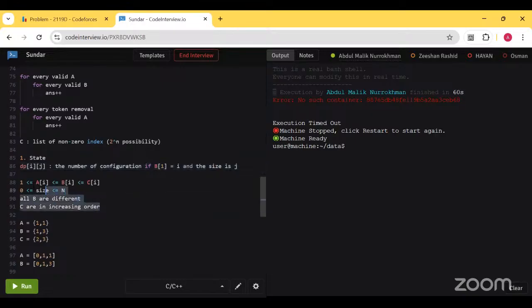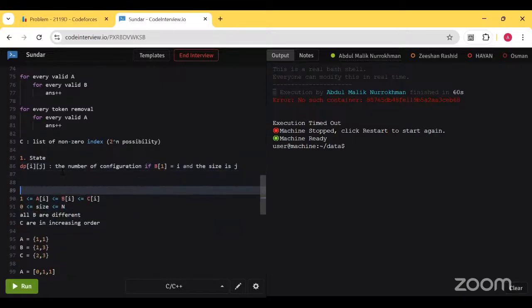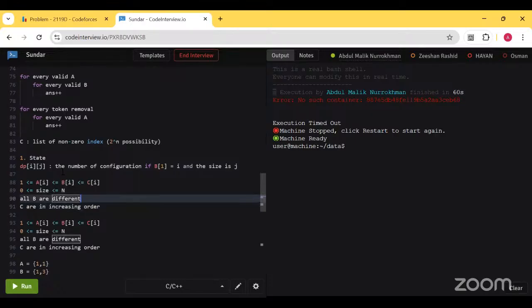Wait. I think we can also change the problem to become like this. B should be in increasing order and all C are different. It is just reordering the indices from this configuration to this configuration, because we know that C are different and B are different.